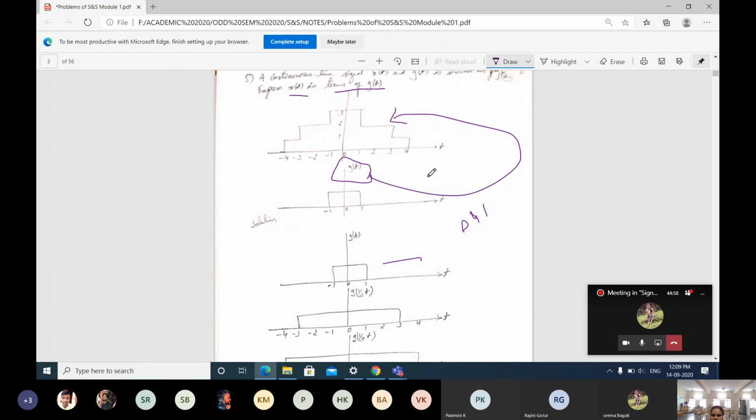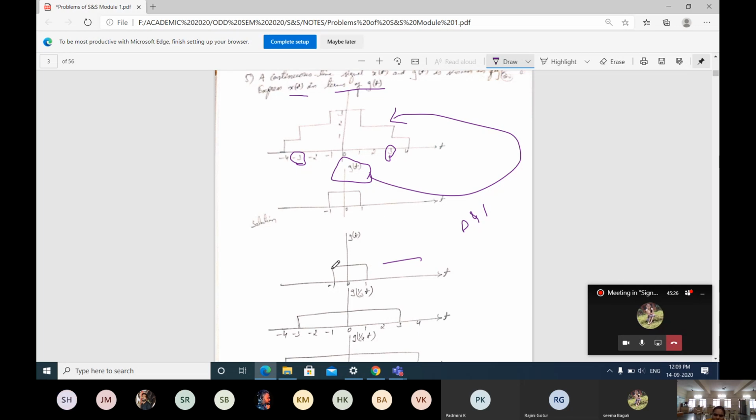Observe how to take the time: minus 3 to plus 3, right? First limit is taken here. Then for the reverse of time, 1 by 3 of t, if I reverse it, I will get 3 only. Yes, I hope you remembered.